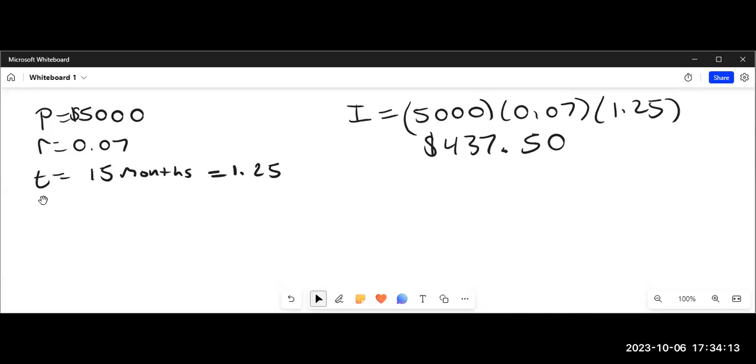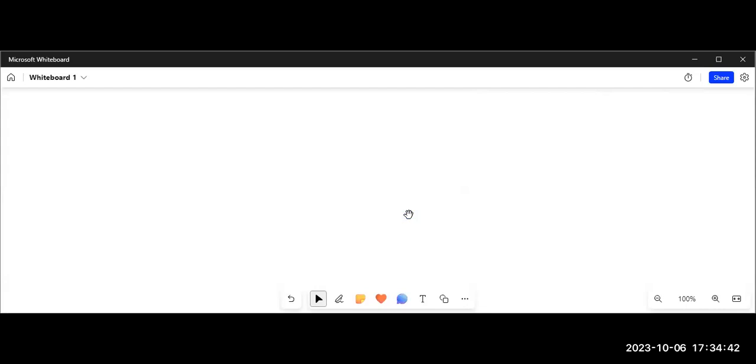The total amount of money in the account would be the original $5,000 plus the 437.50. But the amount of money that you made on the investment, because you let the bank, or the investment group here, borrow your money, is $437.50, because you're the lender in this situation. Right?